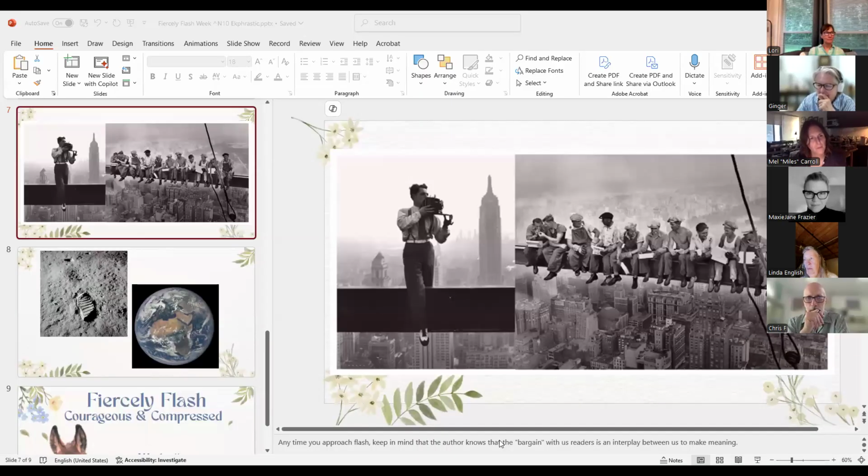So this one, this iconic photo of the workers building the skyscrapers in New York. I mean, my hands are sweating just offering it to you because I'm so terrified of heights. And there's been some really incredible writing come in class from this photo. So I wanted to at least make it available to you again if you choose to write from it today.